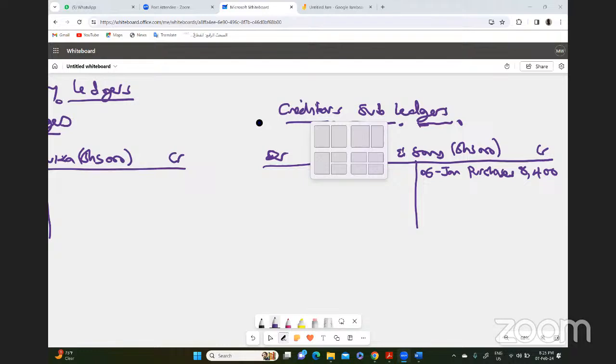Is the general journal different from the general ledger? Yeah, a general journal is different from a general ledger. A general ledger is a combination of different accounts. The way we are drawing them there, those accounts combined together, they form what we call a general journal. Are we together?